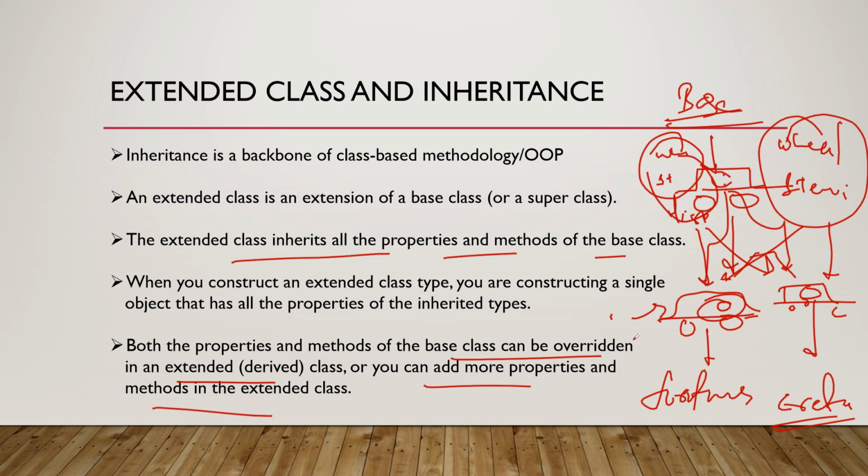Suppose I have inherited two properties, wheels and steering, and I have to add extra features like in Fortuner, let's say we have 6 airbags, and in Creta I have to add a 4 airbags property. So we can also add extra properties in our derived class. This way you can understand class inheritance. Okay, I hope this is clear.